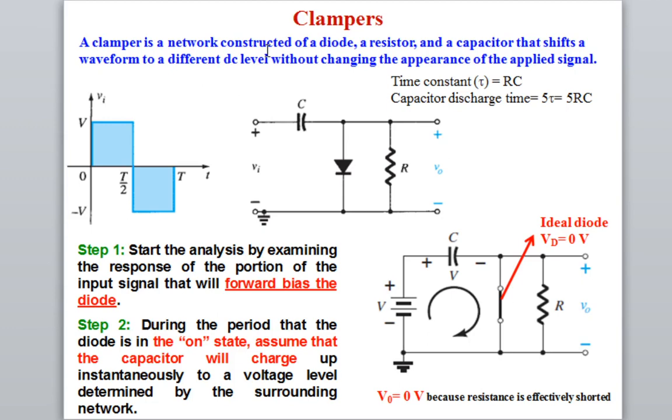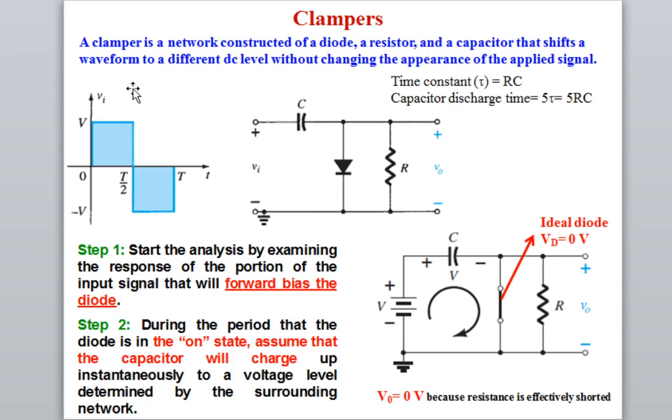In the case of a clamper circuit, what do we require? We require a diode, a capacitor, and a resistor. I have shown a simple circuit diagram of a clamper circuit. Here the capacitor, diode and resistor are used, and you measure the output across the load resistance, and the input signal is applied here.